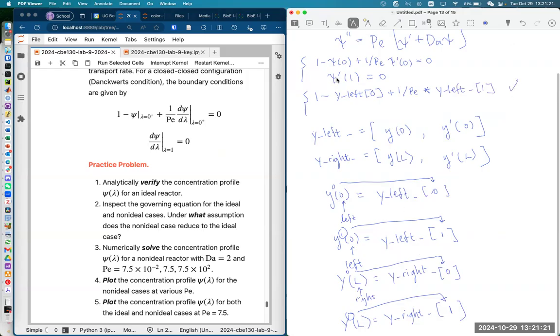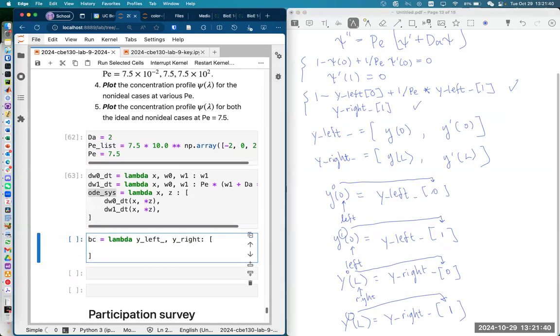And the second boundary condition is psi prime of 1. So that's here. Y right, because it's a right boundary condition, index 1, because it is the first derivative. So this is the second boundary condition. So in Python, we have 1 minus y left index 0, plus 1 over Peclet number times y left index 1.